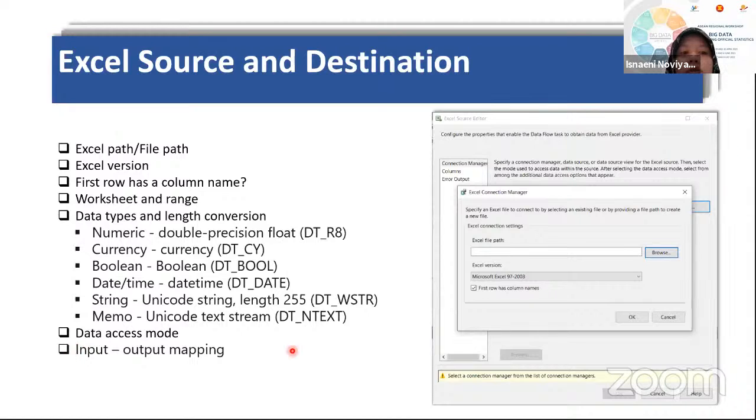And the last is input output mapping, because in ETL, from the data source to the data destination, you must map. If column A in the source and column A in the destination are the same, you just have to map A to A. But if A in the data source means B in the data destination, you have to map A to B manually. So the input output mapping process is where you must determine what data is in the source and what will be the data in the destination.